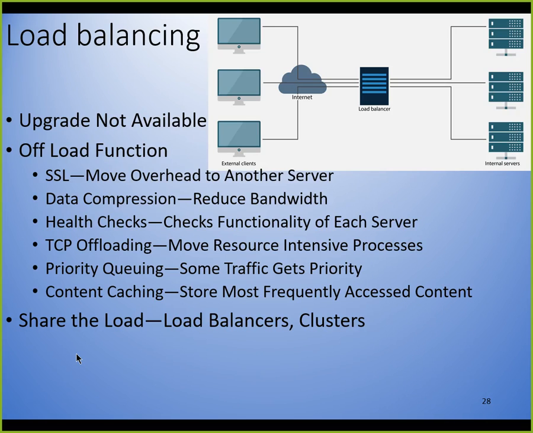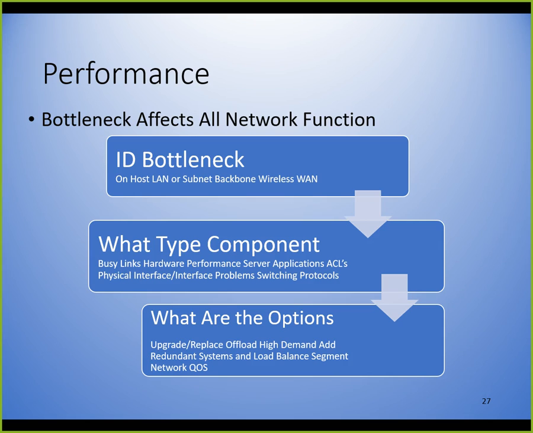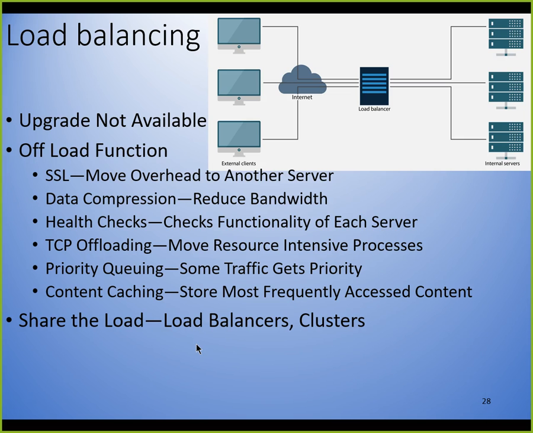And this is load balancing, and in this case, load balancing would say upgrades not available. That was one of the things that we were going to use back here, on a host, busy links, what are our options, upgrade or replace. Well, I can't upgrade. I don't have the funds to do that, but I have some resources. Offload the function.